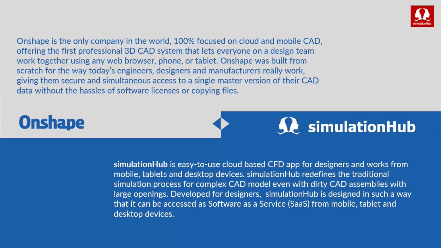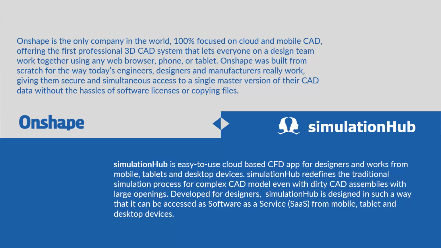Simulation Hub is an easy-to-use cloud-based CFD app for designers, and it works from mobile, tablet and desktop devices. At Simulation Hub, we have redefined the traditional simulation process for complex CAD models, even with dirty CAD assemblies. The core of Simulation Hub is a CFD simulation tool for designers.